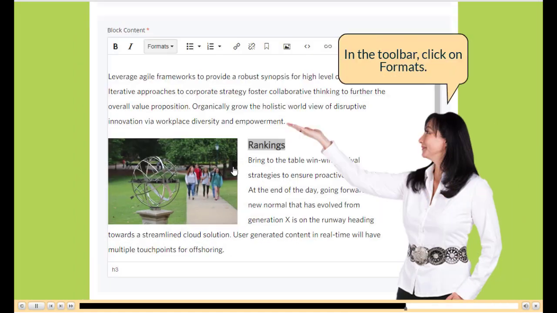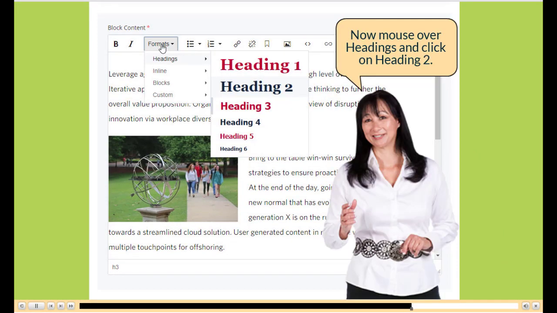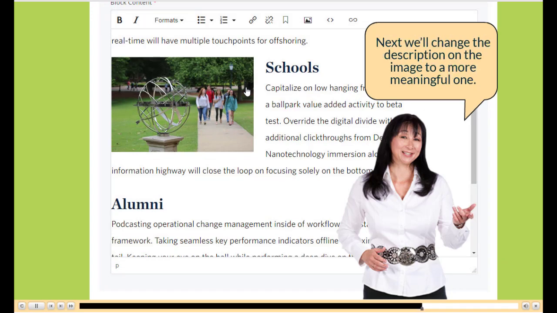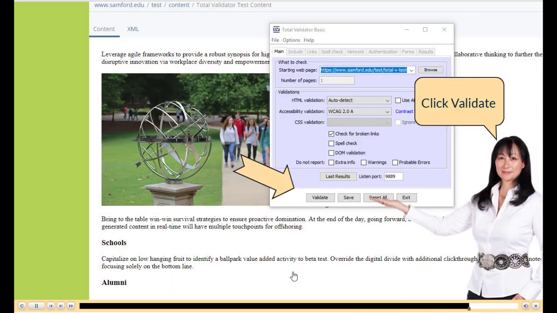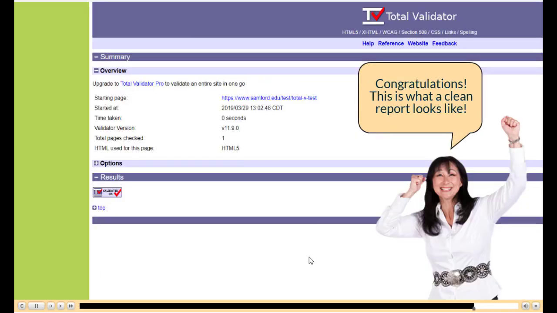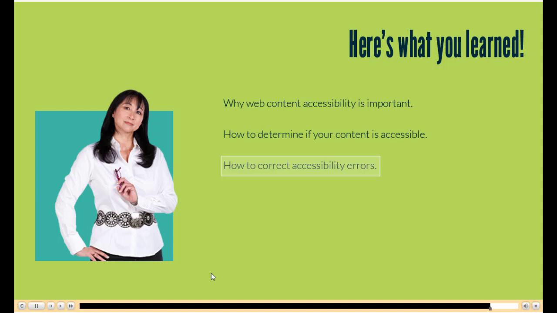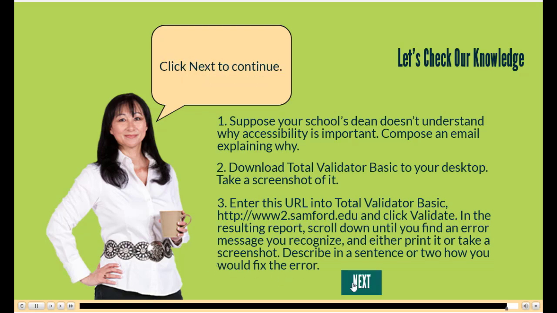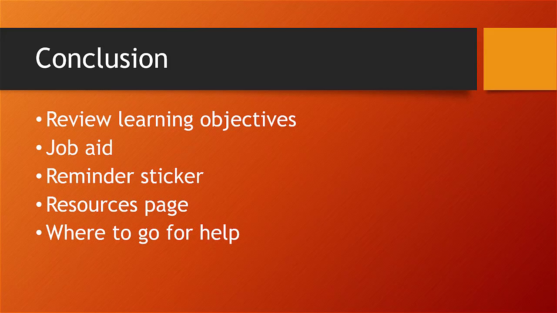In this third section, we get into the specifics of how they can actually correct the errors that appear, and this is again done through the simulation where they can actually click and have the effect of those changes being made. We end with a reiteration of the learning objectives and then show them what their knowledge check questions will look like that they need to complete.